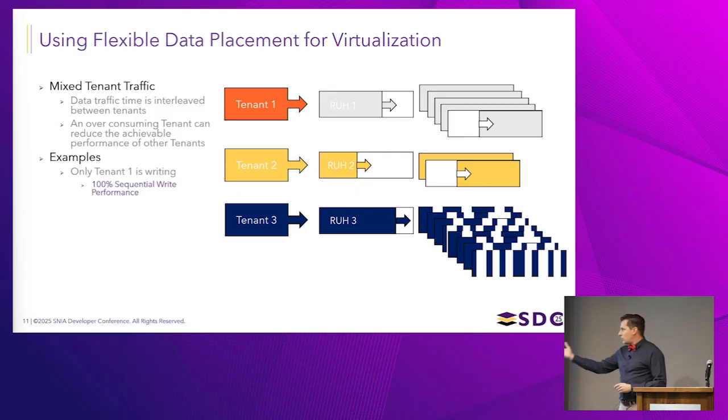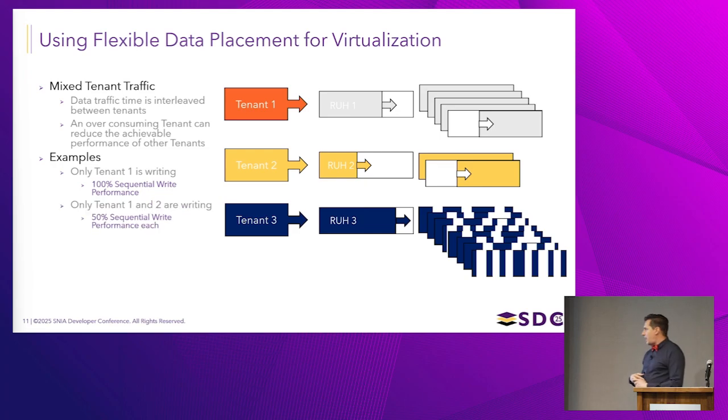So we can look at just tenant 1 doing activity. Maybe tenant 2 and tenant 3 are idle. With tenant 1 doing the writing, we're going to have 100% sequential write performance out of the drive achievable. But when we now have tenant 2, they're both writing sequential, but suddenly we have half the sequential write performance achievable from the drive.